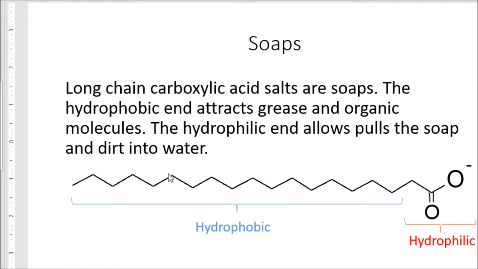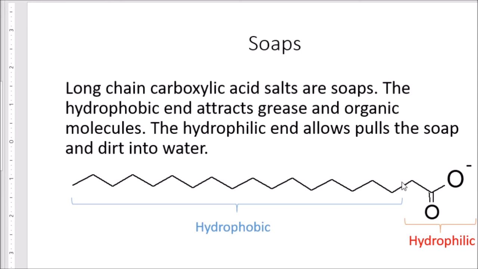In other words, it doesn't like water, but it does like grease and any kind of oils, anything that's not real water soluble. And then now that we've deprotonated this hydroxy in our carboxylic acid, we have really made this polar. It's ionic here, and so this is usually called the head, and down here would be called the tail.